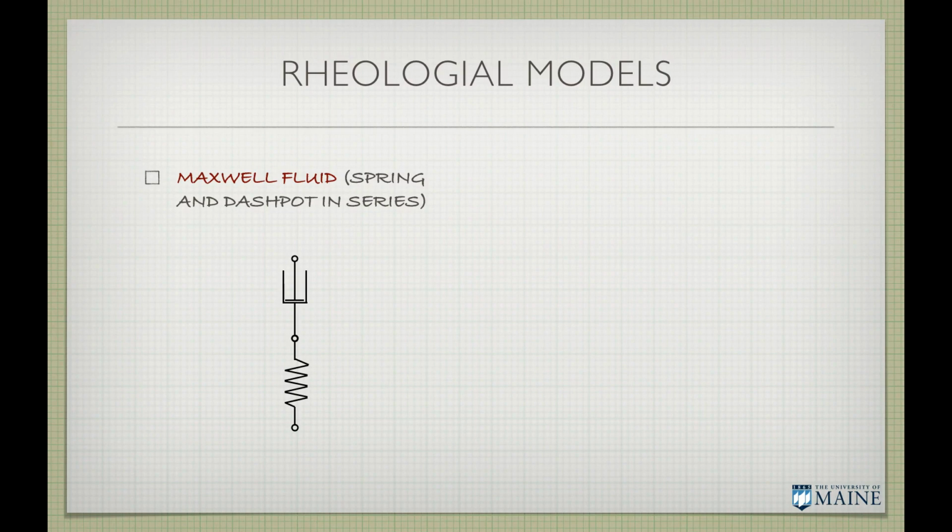This is the Maxwell fluid, which is a spring and a dashpot in series. So what we want to do is add the behavior of those two in series. We know how each behaves singly. Let's put them together and figure out what that behavior is going to be like.